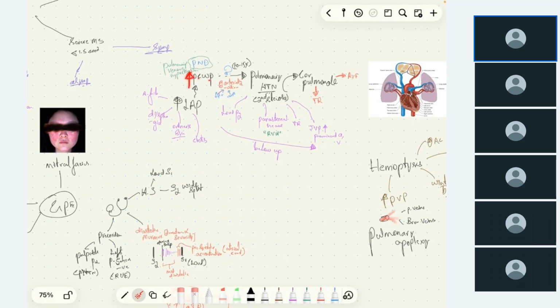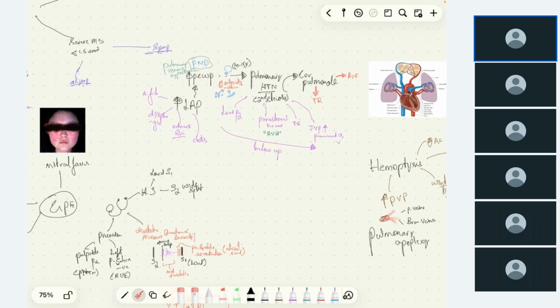Due to increased left atrial pressure, the patient now has back pressure causing pulmonary venous hypertension and increased pulmonary capillary wedge pressure. Due to increased pulmonary capillary wedge pressure, the patient will characteristically have PND, paroxysmal nocturnal dyspnea.